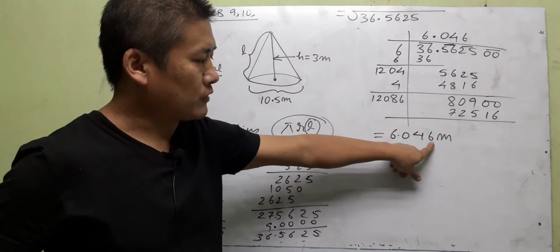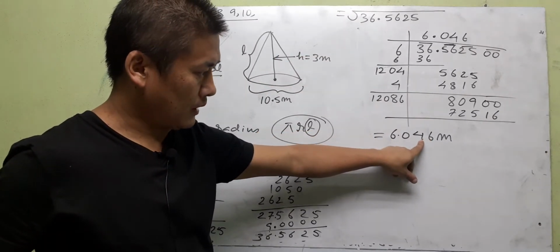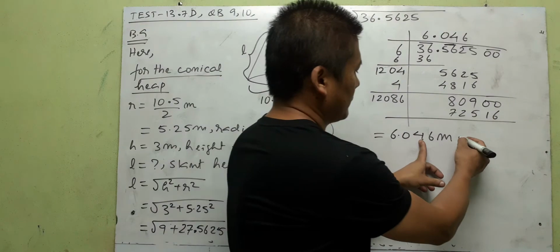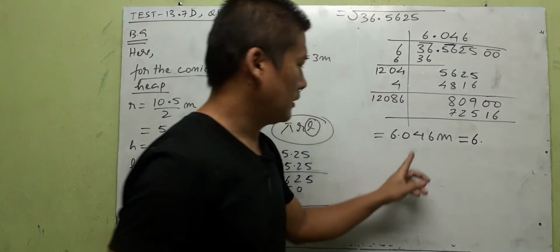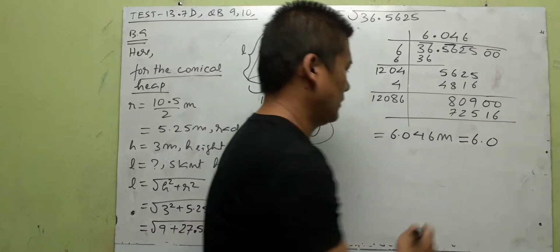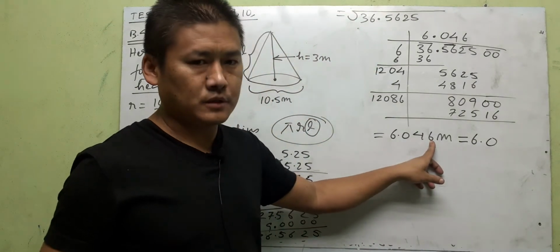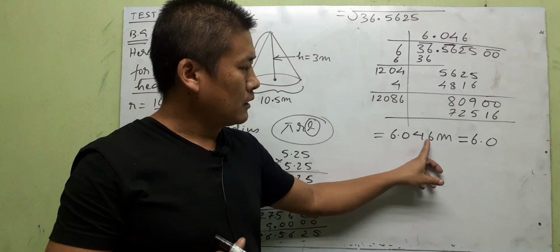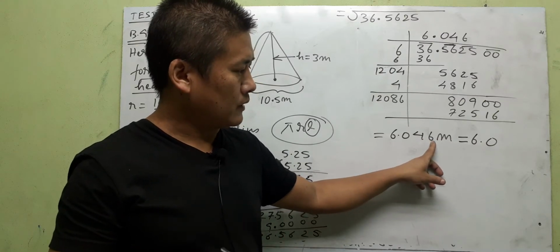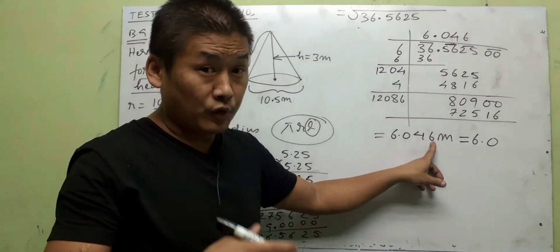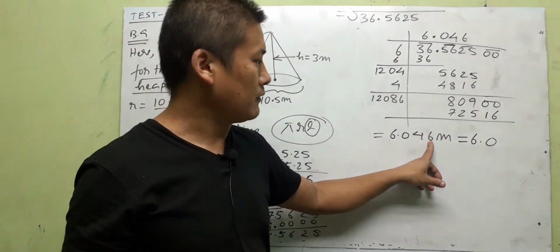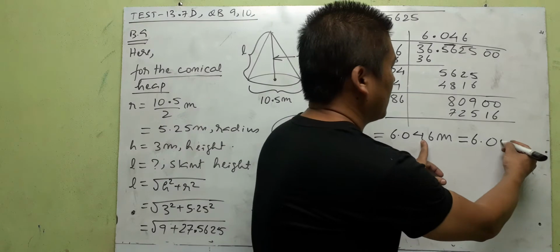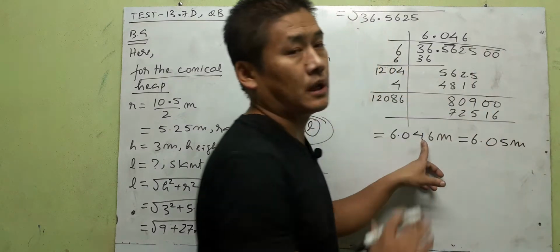Now the reason we went to the third place is because we want to take the approximation to the second place. What do we mean by that? Look here, 6.04, you can just write it. To take approximation in the second place means we look at the third place. If the third place is 5 or more than 5, in this case it is more than 5, then this will increase by 1, 4 plus 1, 5, that is the approximate slant height.